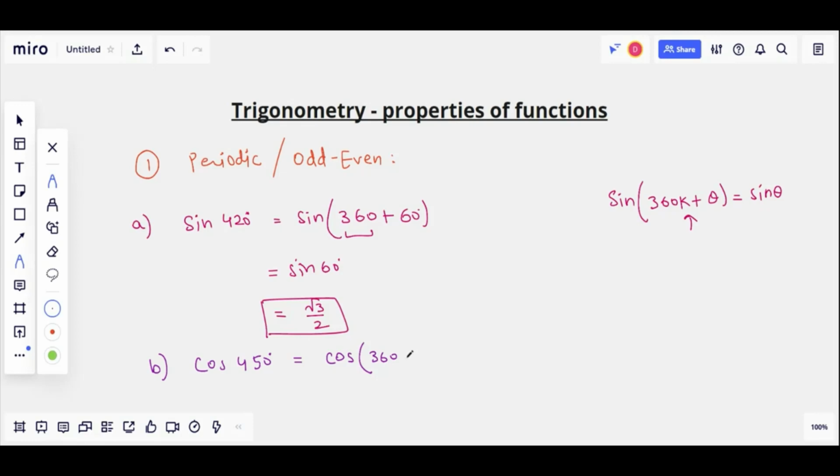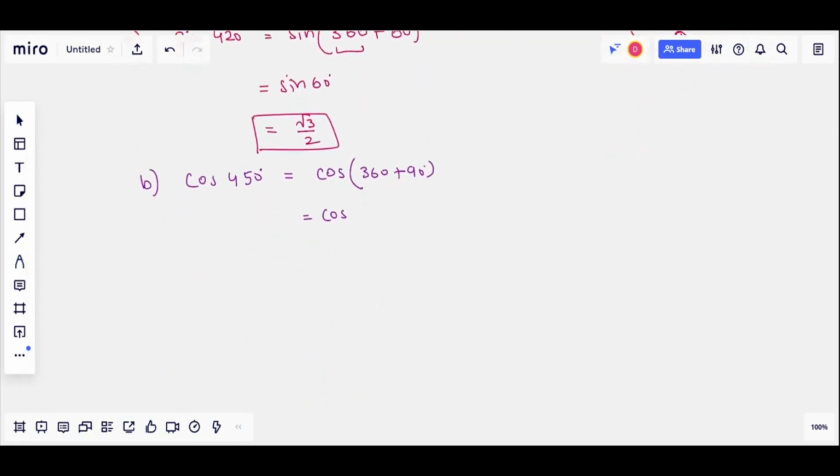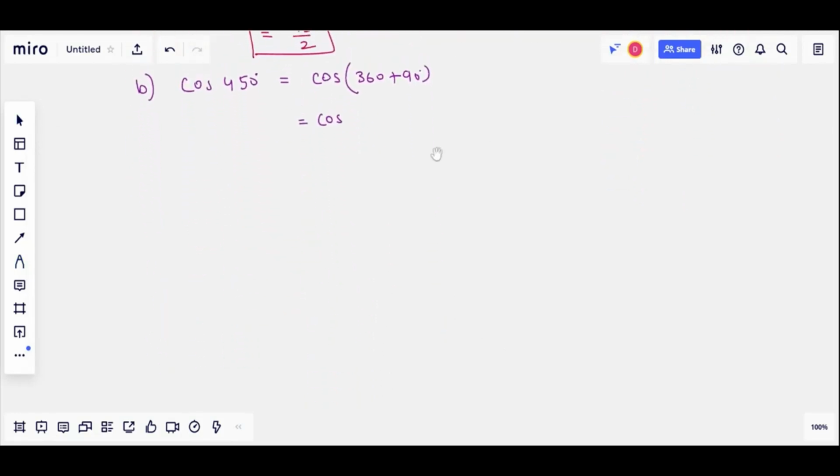So we can write this as 360 plus 90, and 360 plus 90 again as per the property of cosine, because the time period of cosine is again 360. So over here we'll have cos of 360 plus 90 is cos 90 once again, and cos 90 is nothing but 0. So over here we have 0. Let's move to the next one.